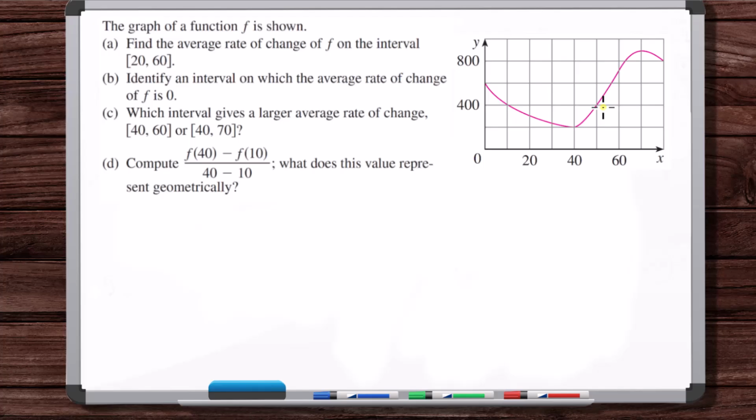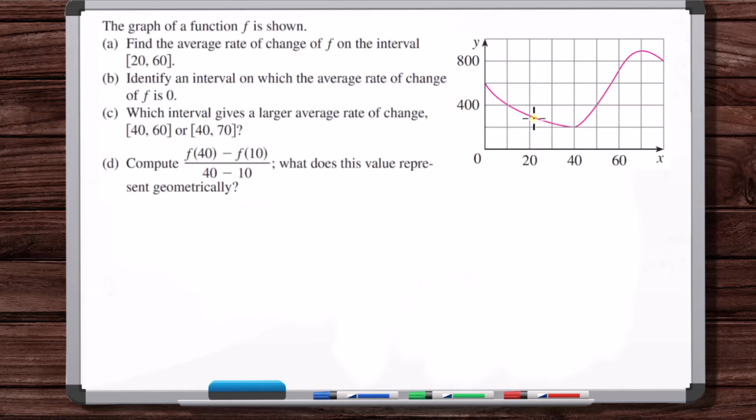By average rate of change, what's being referred to is the change in output with respect to the corresponding change in input. The function decreases here; the output is decreasing as the input increases. Here, the function is increasing at a steeper rate as the input increases.